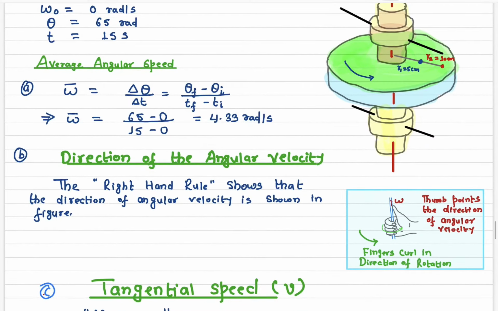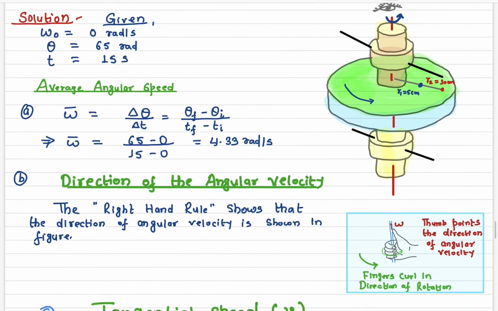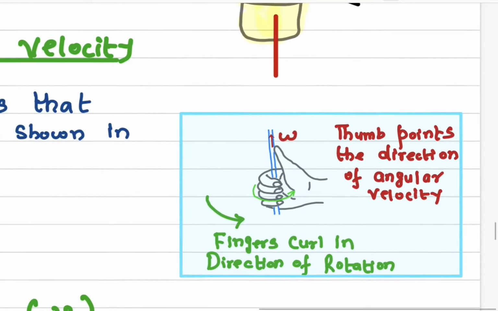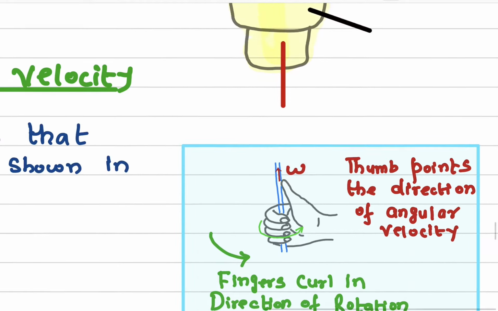Now, how do you find out the direction of the angular velocity? In order to do that, we have to use a rule called the right hand thumb rule or right hand curl rule. In this case, we curl our fingers in the direction of rotation, and then our thumb points out the direction of the angular velocity. Again, fingers curl in the direction of rotation and thumb points in the direction of angular velocity.